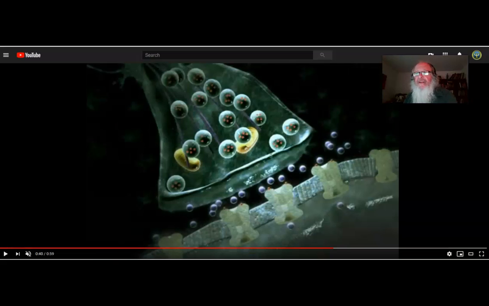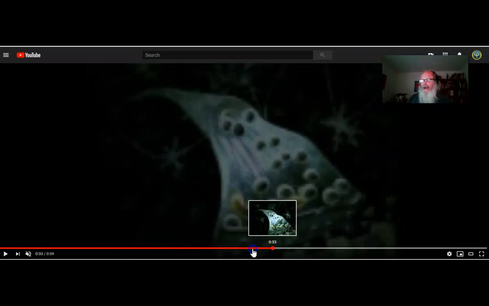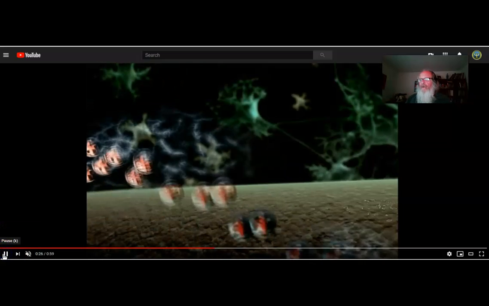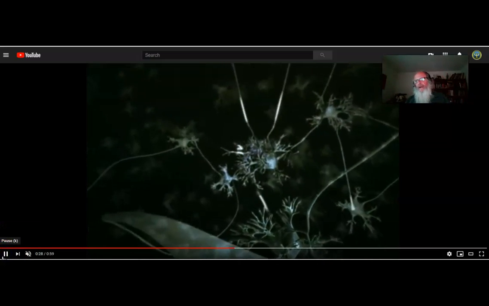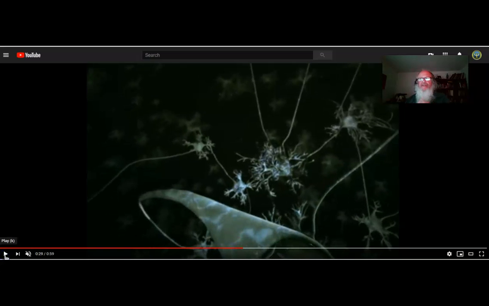What's really not obvious until you know what you're looking at is that in this part of the video, where they show these smaller blue spheres, they should have put the red crosses on these blue spheres as well, because the same thing is happening here between the end of one neuron and the beginning of the other, as was happening back here where we watch these red cross spheres dipping in and out of the cell membrane.